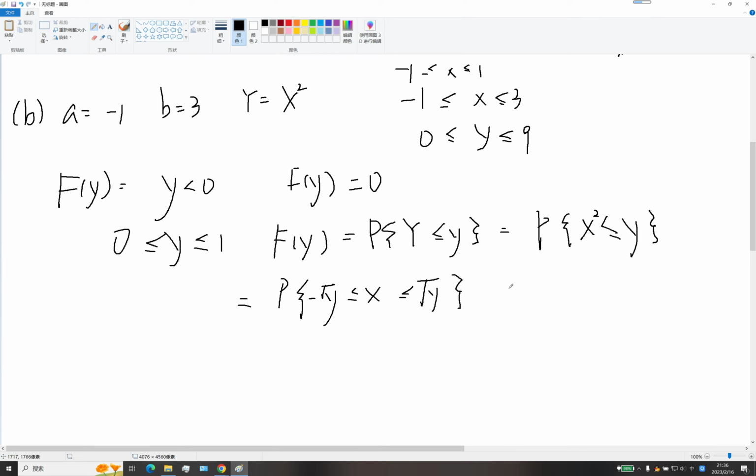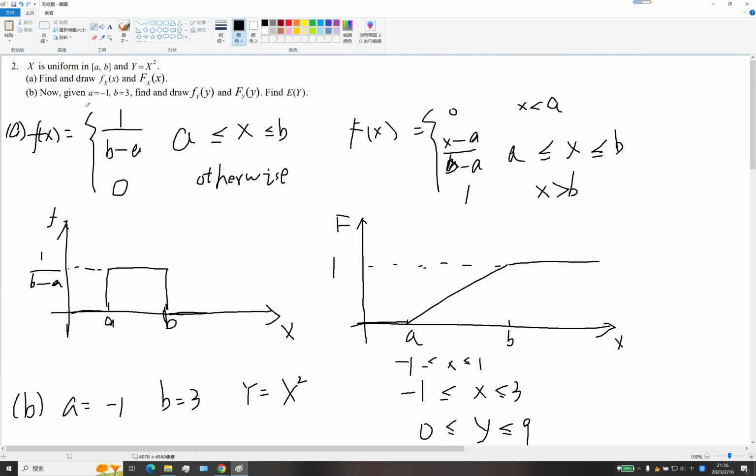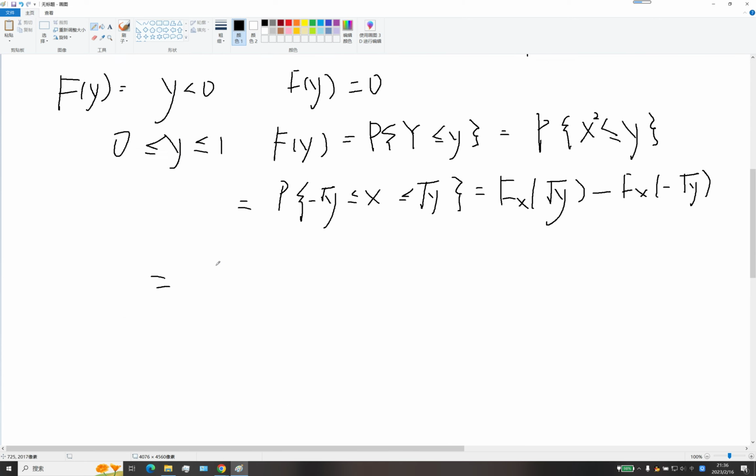We can get it from this. And because we have f_X already, we can easily calculate by putting this one and this one into it. So this is this.